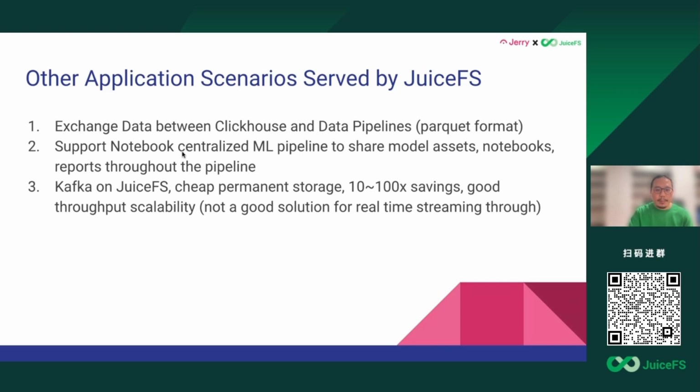The second one is our machine learning pipeline, because all the machine learning pipelines, including those training models and other things, can be stored on JuiceFS. Then you have a simple way to manage this work. We primarily use notebooks for management purposes.